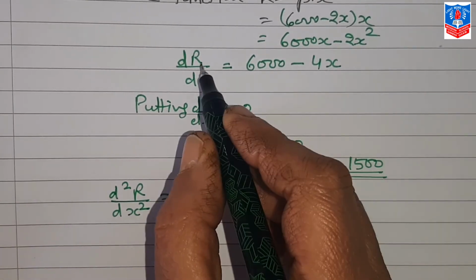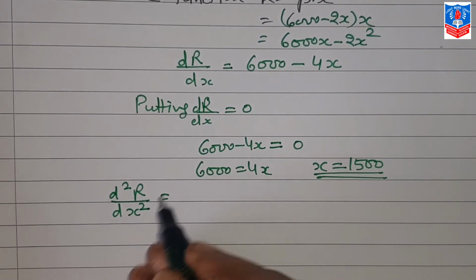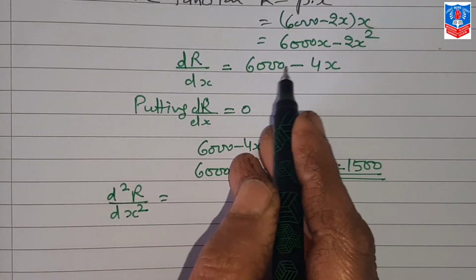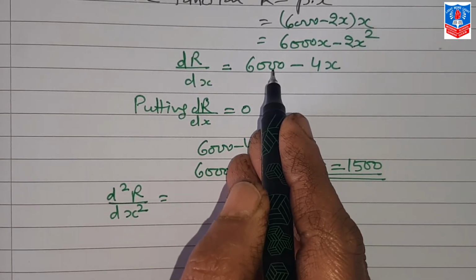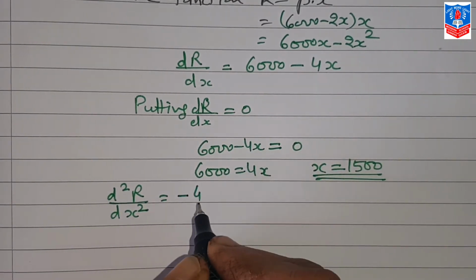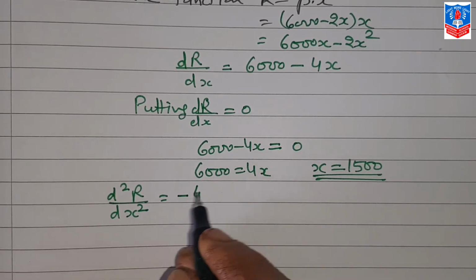Now our next condition, that is d square r upon dx square, that we will find. Here you can see the second order derivative of dr upon dx. So the derivative of dr upon dx, that will be 6,000 becoming 0, minus 4x, so minus 4. So d square r upon dx square is minus 4.